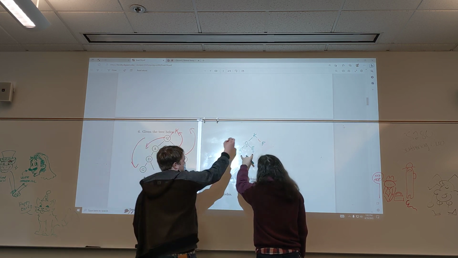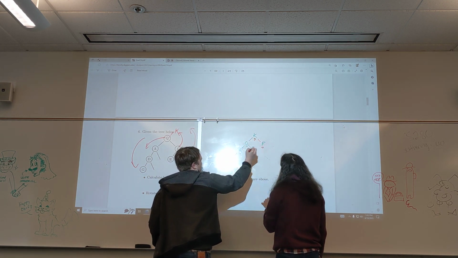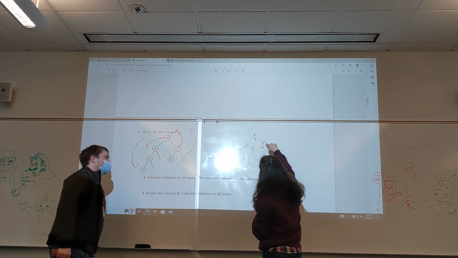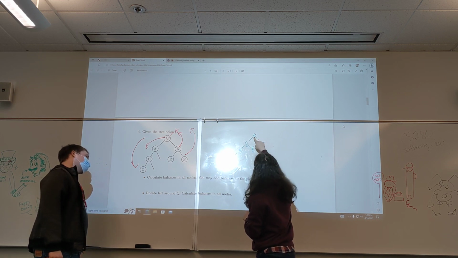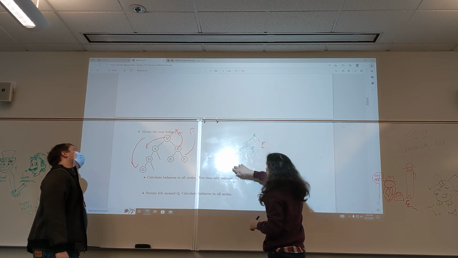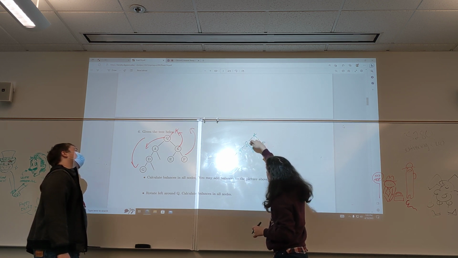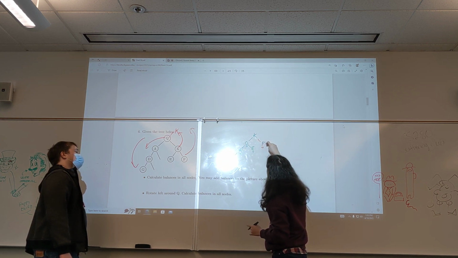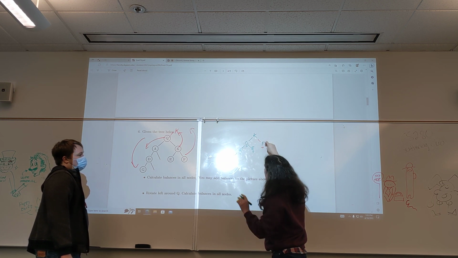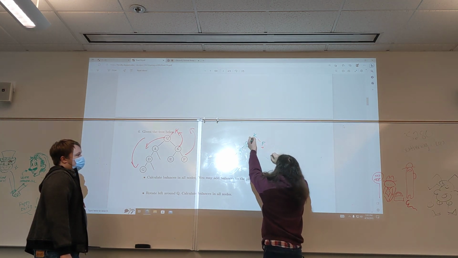And the difference between these heights is 2. Height of this is 1, height of this is 3, so this should be a balance of 2. Yes. So height of this here is 3, and height of this is 0. Oh, sorry, yes, you were right, it is 3.